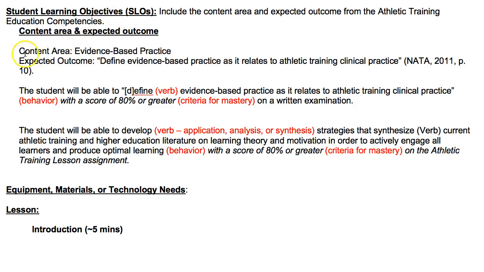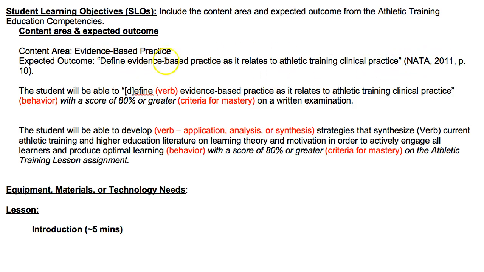Okay, so you're going to provide the content area, which, this is from the NATA educational competencies, will be evidence-based practice. And then the expected outcome. We already picked all these earlier in the class. For the expected outcome, I quote it directly from the book or the document and cite it correctly.